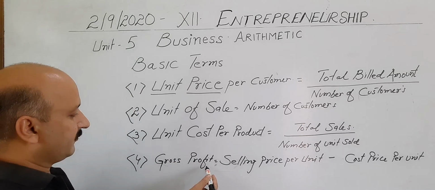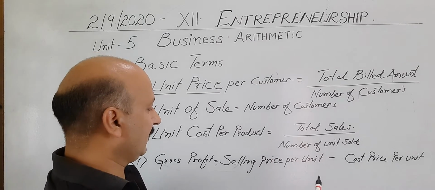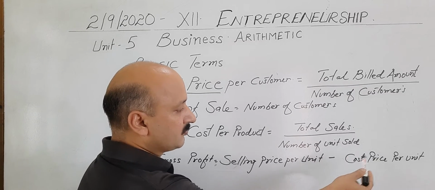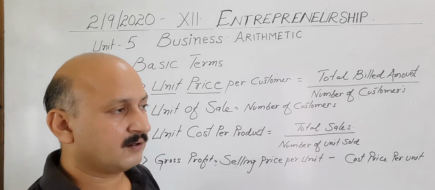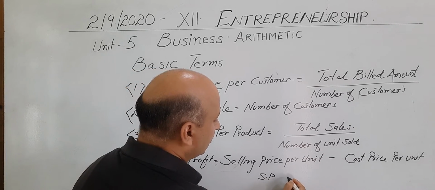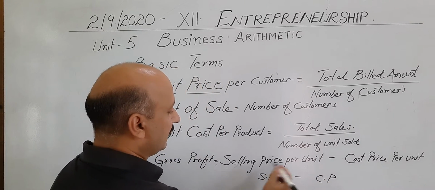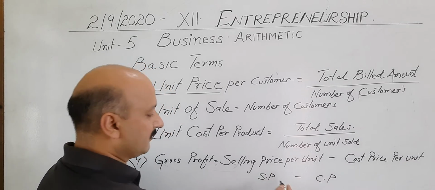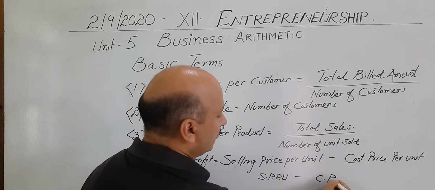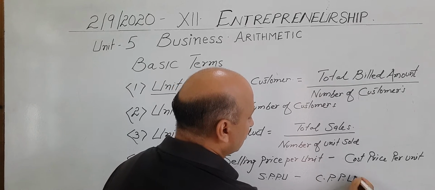Next is gross profit. Gross profit can be calculated by selling price per unit minus cost price per unit, or directly we can say SP minus CP, but SP is given in another form, that is SP per unit, and CP is also cost price per unit.